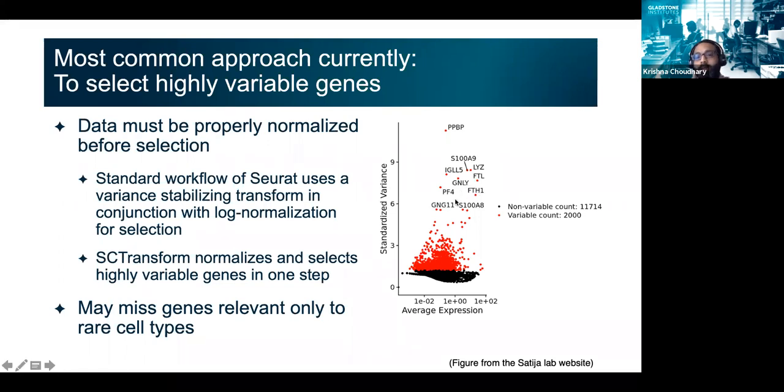You select that number of genes which show the highest magnitudes of standardized variance, not the variance of the normalized values themselves.